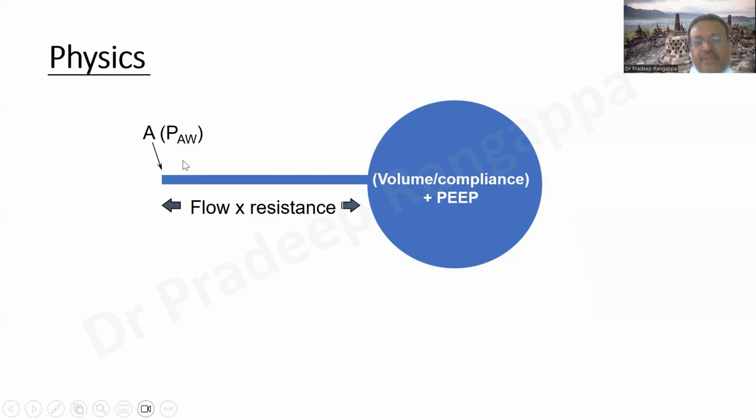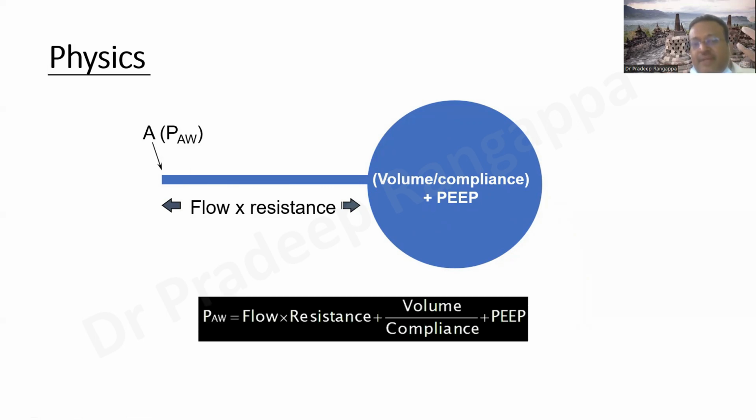The airway pressure is dependent on the flow of gases through the airways and the resistance the airways have. And it is dependent on the volume divided by compliance, which determines your alveolar function, with the PEEP, because every alveolus is open because of the baseline pressure, which we call PEEP.